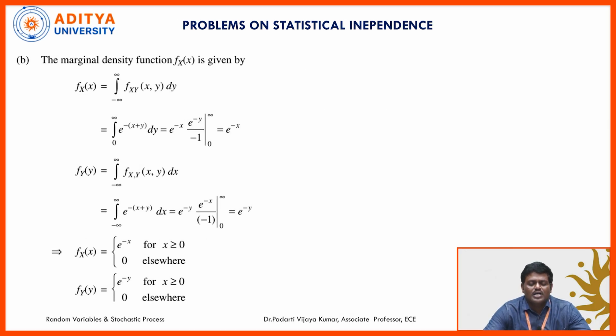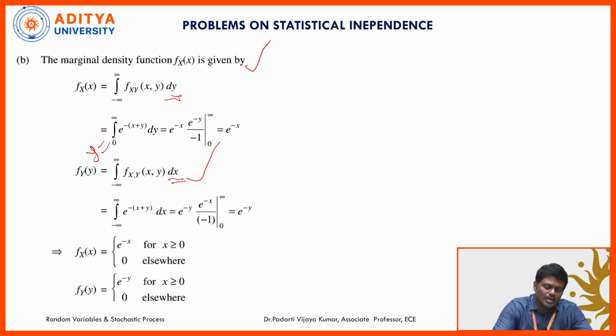Next we will compute the marginal density function of x and the marginal density function of y. In order to compute the marginal density function of x, we will use the property of the joint density function. When we integrate with respect to y, we will get the marginal density function of x. When you integrate with respect to x, you will get the marginal density function of y. So we will do the same process. The y limits are from 0 to infinity, e power minus x is a constant, I am bringing it outside.